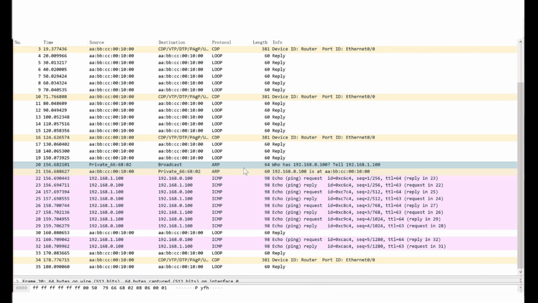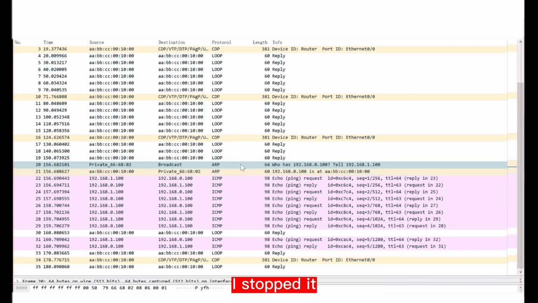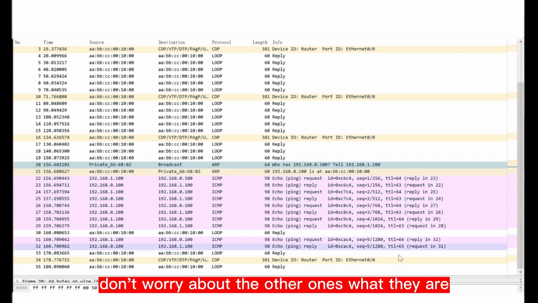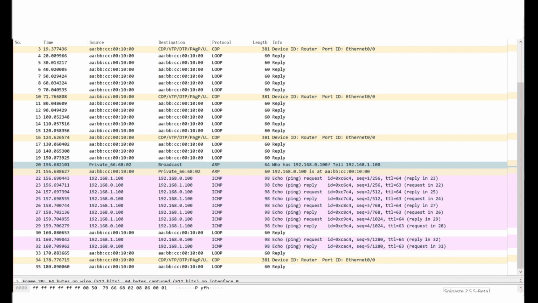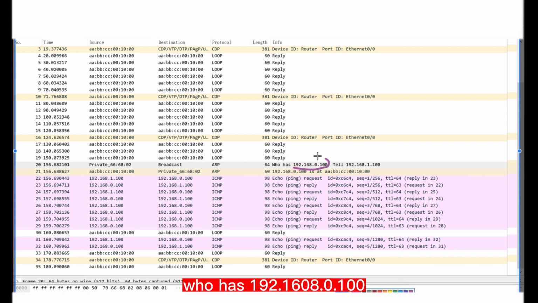Everyone will find that it indeed received an ARP packet. I stopped it. Don't worry about what the other ones are. What is asked in this ARP packet is, who has 192.168.0.100? Tell 192.168.1.100. 1.100 is the PC on the left. 0.100 is the PC on the right.